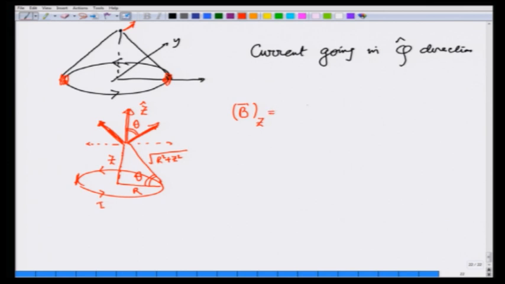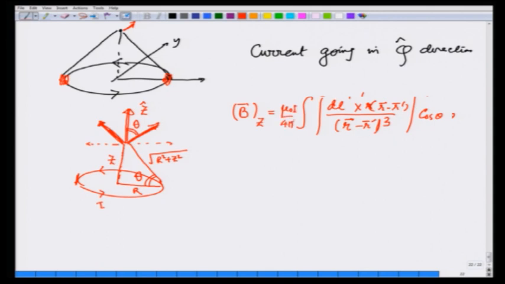So, you can see that the B z component is going to be the integration of dl prime, since the direction of current and the vector r minus r prime are perpendicular, over the modulus of r minus r prime cubed, times r minus r prime cross, okay, and I am taking its magnitude and the cosine theta component, and I will add it up, mu 0 I over 4 pi.